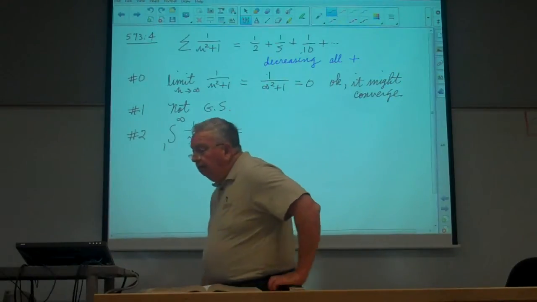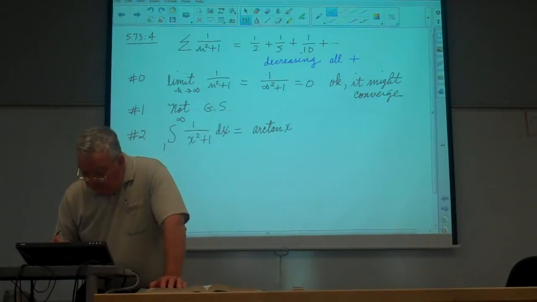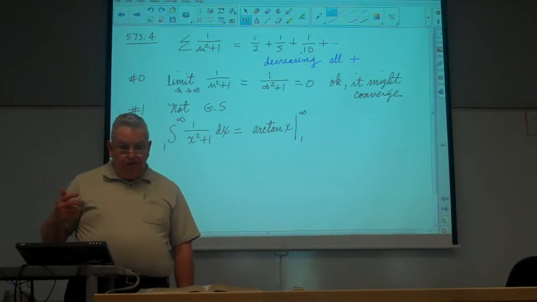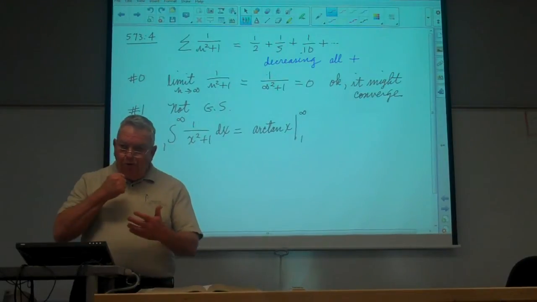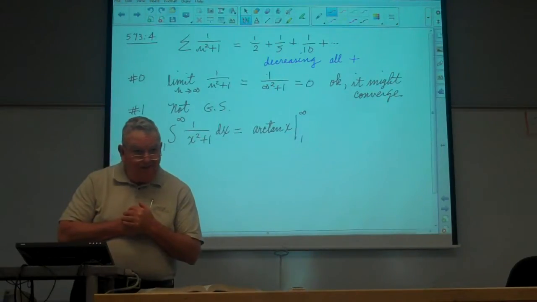Or arctangent. Is arctangent the same as inverse tangent? Isn't it the same thing, just written a different way? And you know why I do that? I like arctangent better because I don't like that -1 up there.